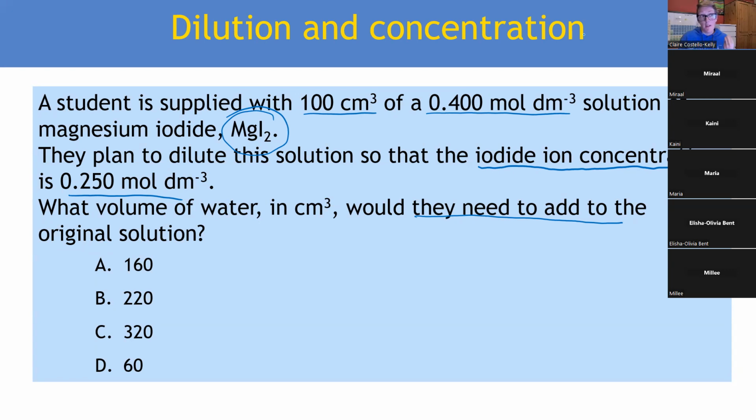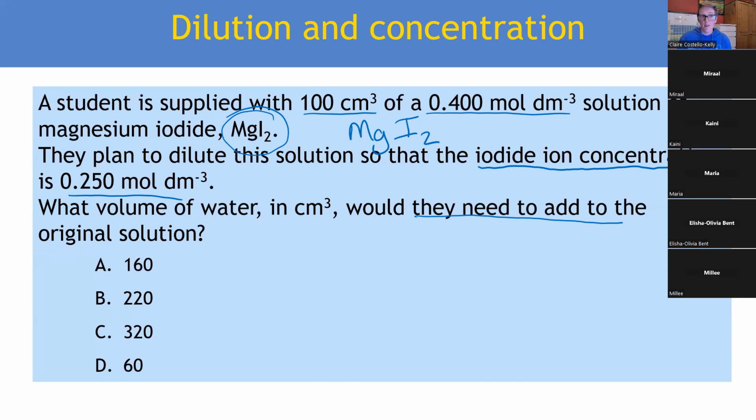The first thing that you need to try and understand is the difference between concentration of magnesium iodide and concentration of iodide ions. The best way to imagine that is to use a balanced equation. So there's magnesium iodide, that's the formula. It's ionic. When it dissolves, it breaks up.